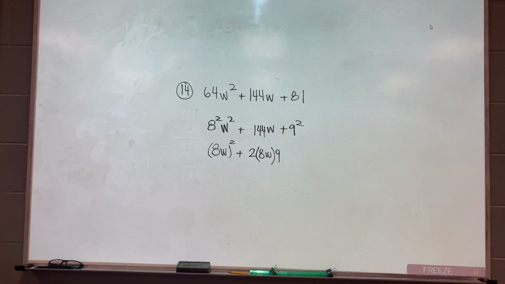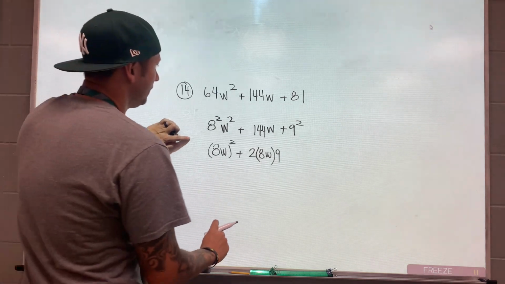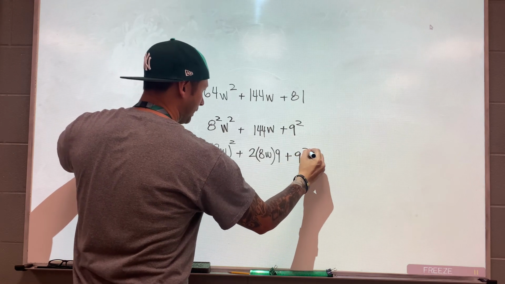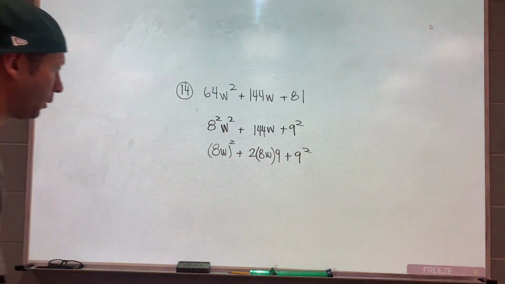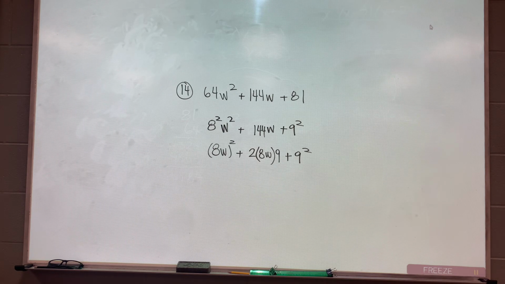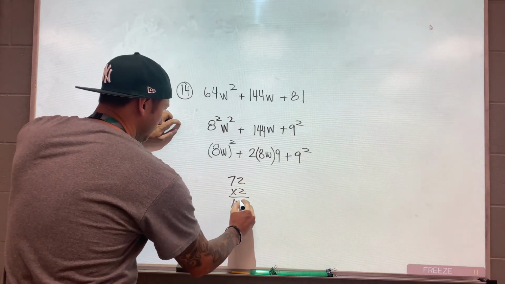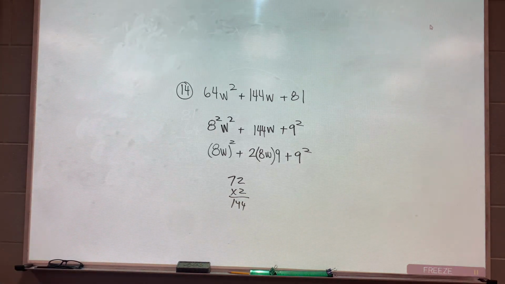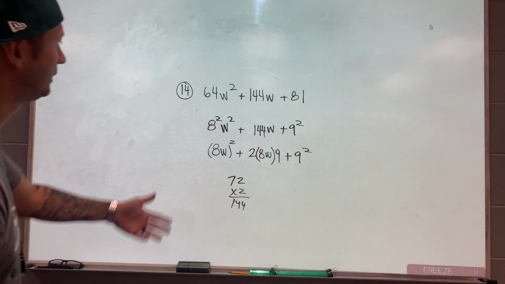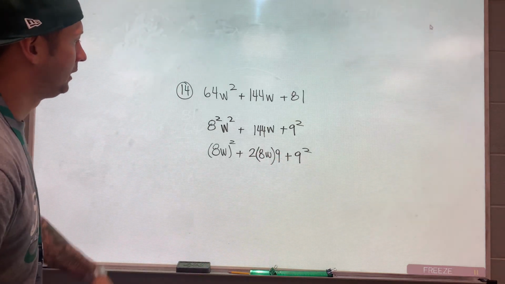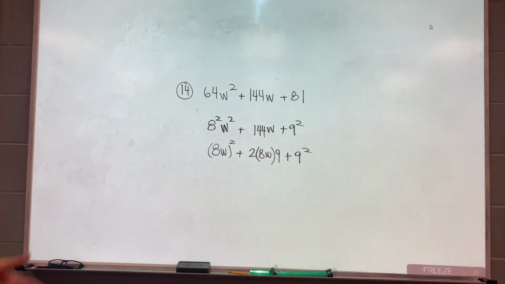That's actually better. So then this would be 9 squared. So does this equal 144? That's the question. So 8 times 9 is 72. 72 times 2, yeah, it's 144w. So we've confirmed that this all fits the trinomial perfect square property.